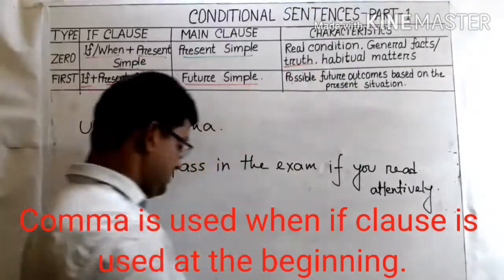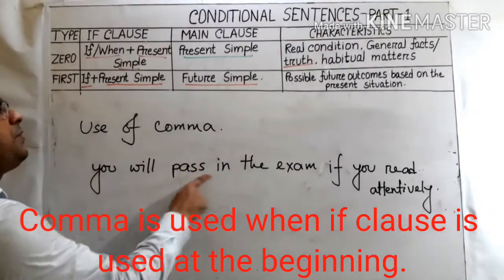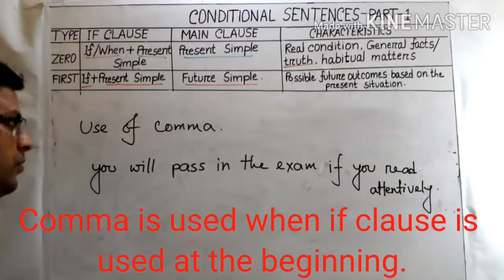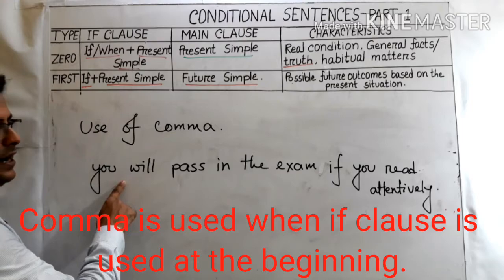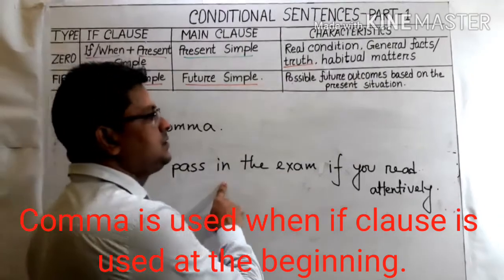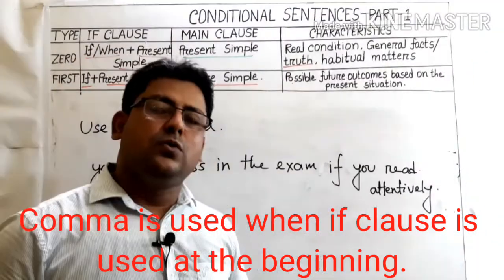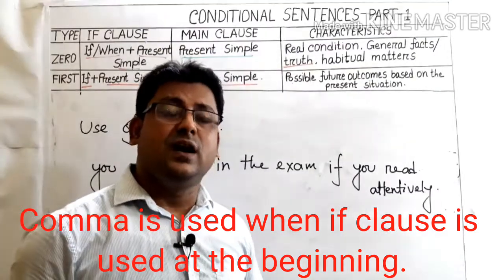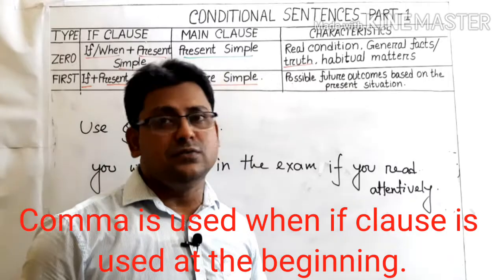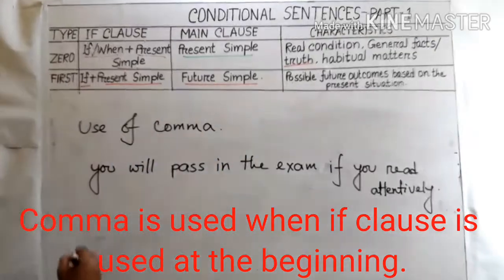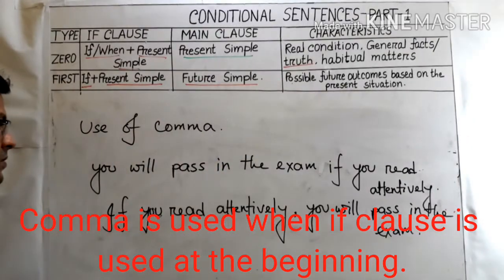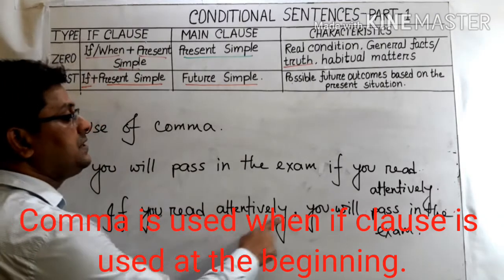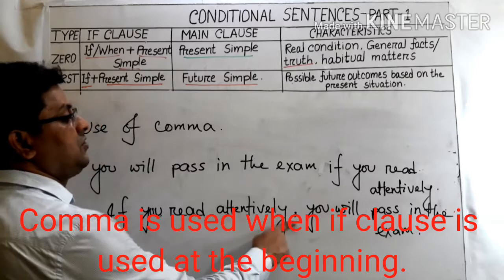Like, you will pass in the exam if you read attentively. When you use the main clause at the beginning, it is not necessary to use a comma here. When you use the if clause at the beginning, at that time you will use a comma after the if clause. Like, when you use the if clause at the beginning, you will use a comma after the if clause.